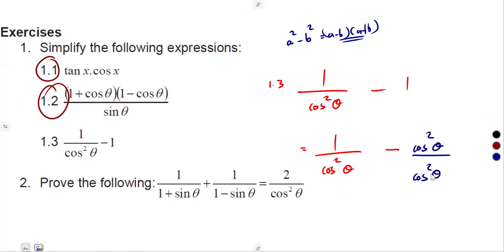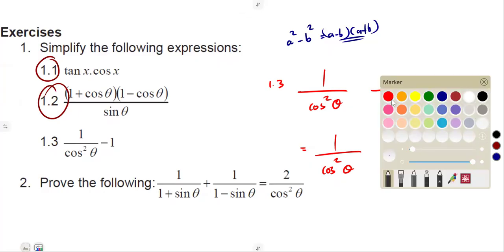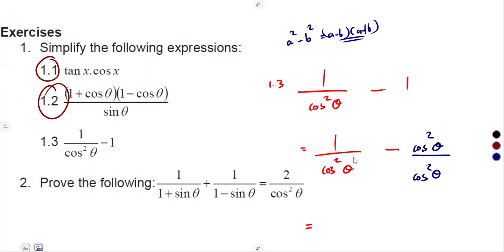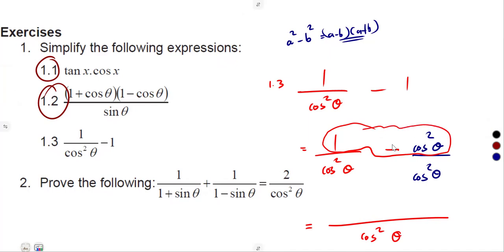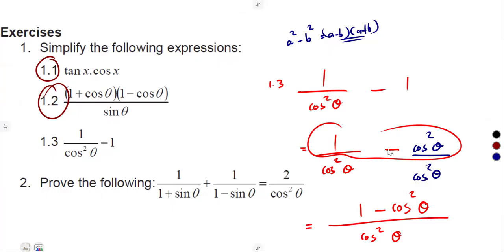In that case, it makes our subtraction easier, because we understand that if the denominators are the same like this, we simply keep the denominator and combine the numerators together. That's it. 1 minus cos squared. Combine them just like that.